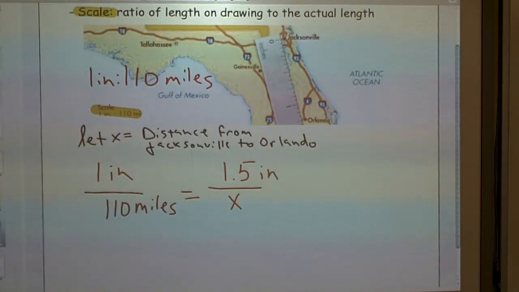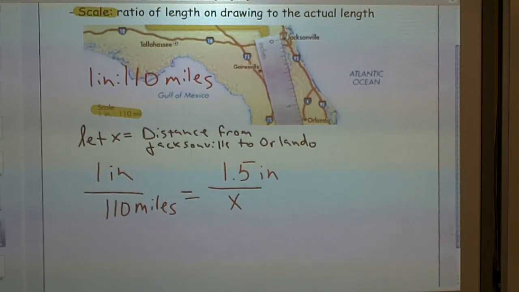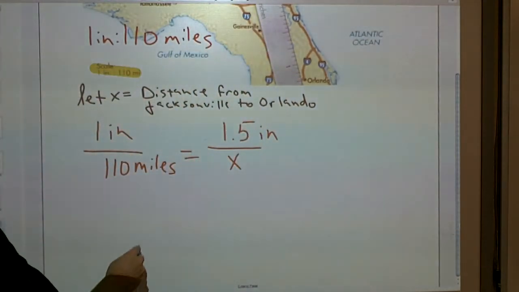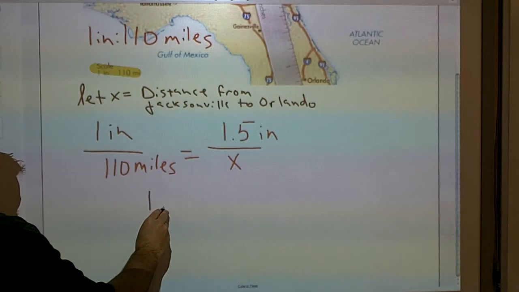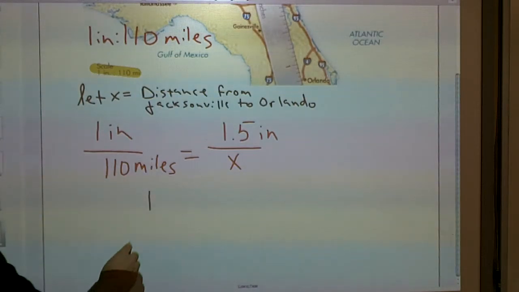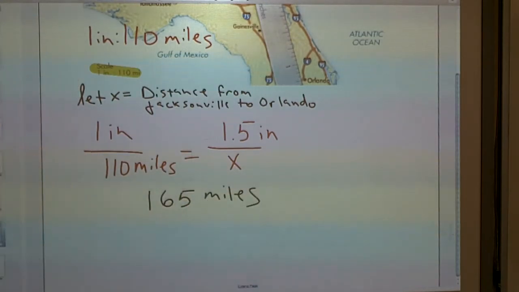So again, we're just setting up proportions, and then we're cross multiplying and dividing, or playing baseball. 1.5 inches times 110, eventually we'll divide by just that inch. So basically all we're doing is 110 times 1.5. 110 miles times 1.5, let's see, half of 110 is 55, so 55 plus 110 should get you to about 165 miles.